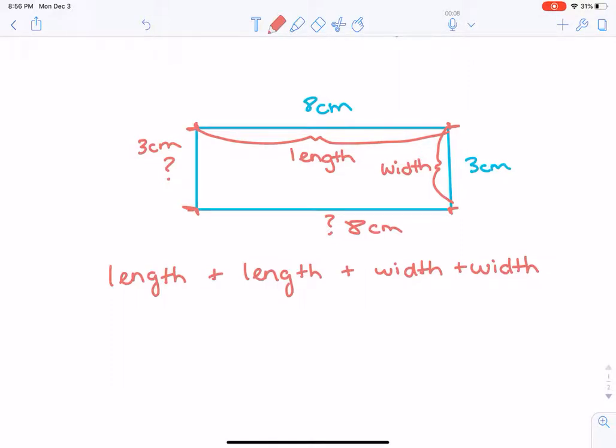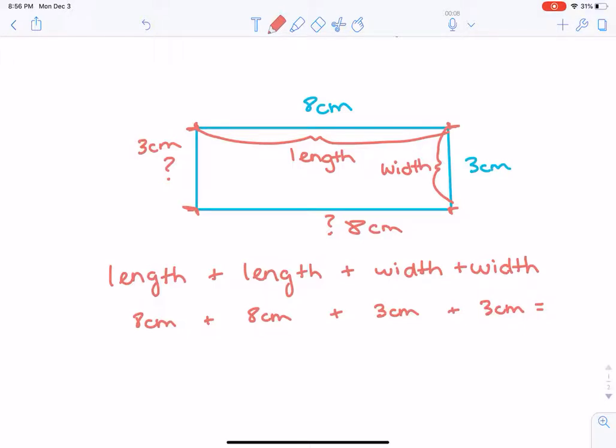So we have our 8 centimeters plus 8 centimeters plus 3 centimeters plus 3 centimeters, and that is going to equal our perimeter. So let's go ahead and calculate, shall we?